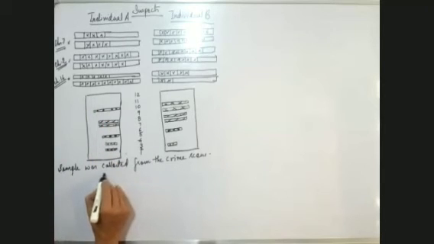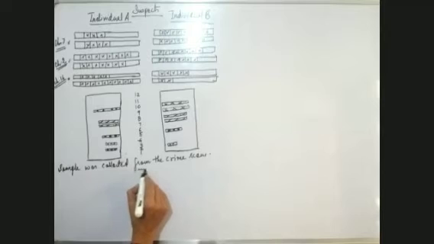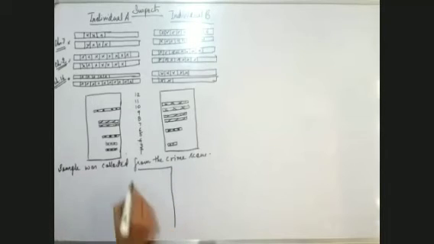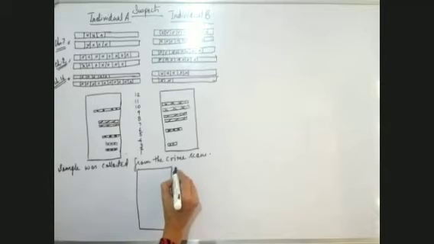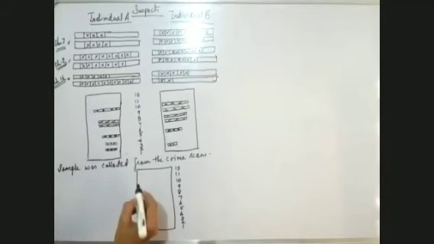After electrophoresis, 12, 11, 10, 9, 8, 7, 6, 5, 4, 3, 2, 1, the number of tandem repeats. And what was obtained was this.